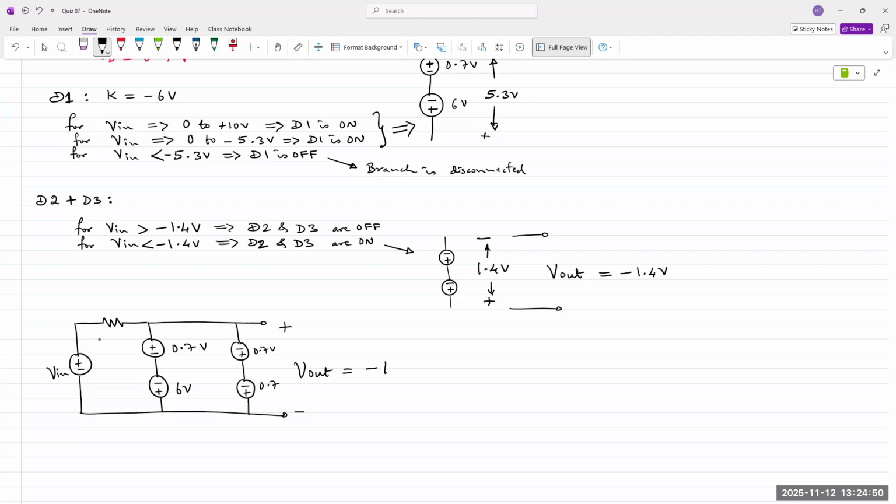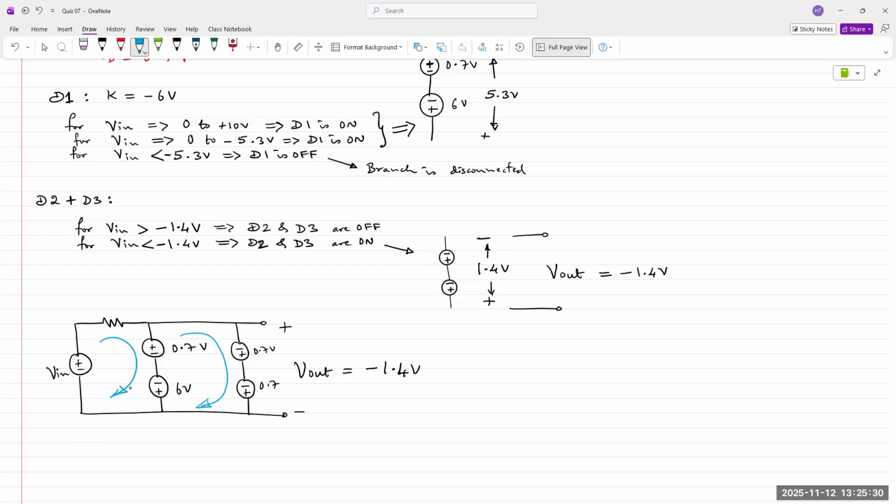Our V out will still be minus 1.4 volts because the excess current is going in this loop and this loop, but the output voltage will be held constant. So with the 6-volt supply and V in combined, the current through that resistor will increase. The current through the diodes will increase, but the voltage across the diodes will remain constant.